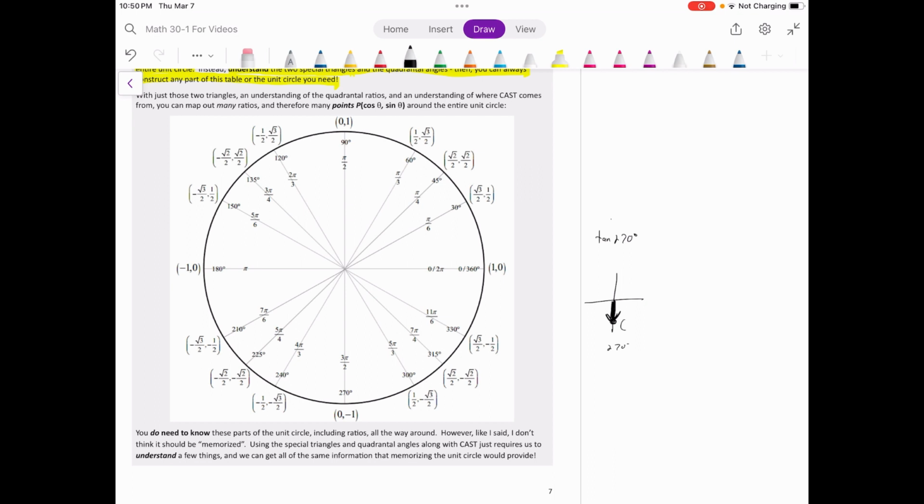How about x is 0, y is negative 1? So tan 270 would be y over x, negative 1 over 0, which is undefined. What would be sine of 270? Well, it would be y over r. Y is negative 1, r is just positive 1, so it would be negative 1. And notice that is what is on our unit circle, but to me it's a little easier to think about than to memorize.